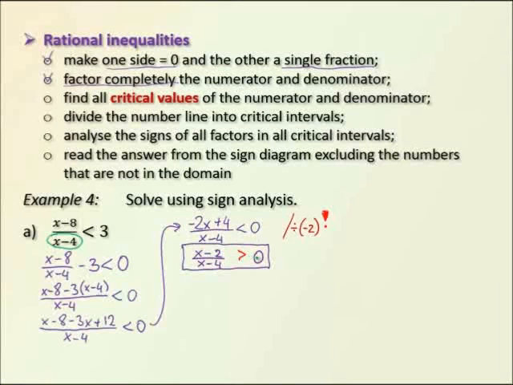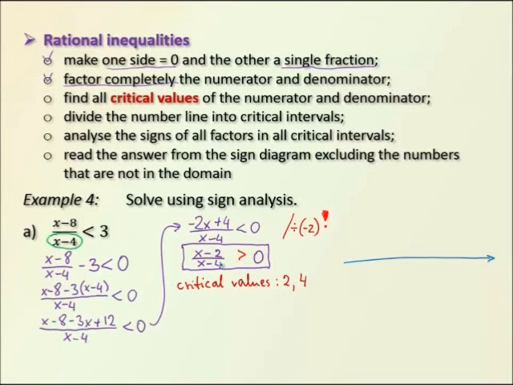The fraction is positive when both numerator and denominator have the same signs. So let's find out critical values, the same as before. Critical values are from the numerator 2, from the denominator 4. That tells us how to draw signs on the number line.